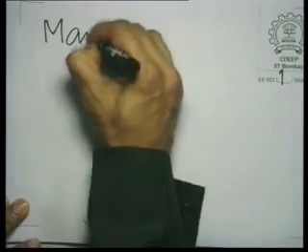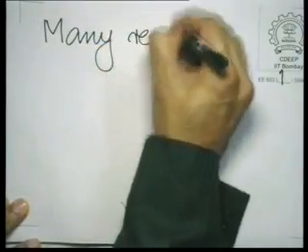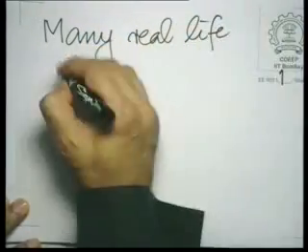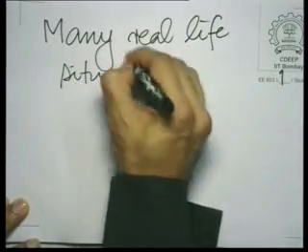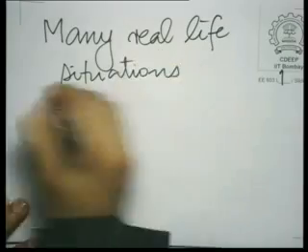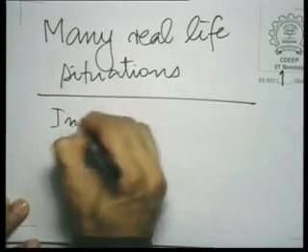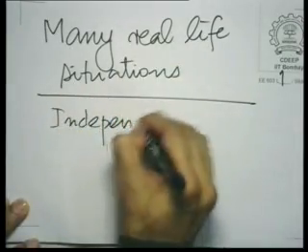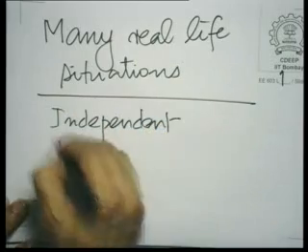And what is important is that in most cases of real life situations, both the independent variable and the dependent variable are continua. So that's what we must take into account. Many real life situations: independent variable, dependent variable.